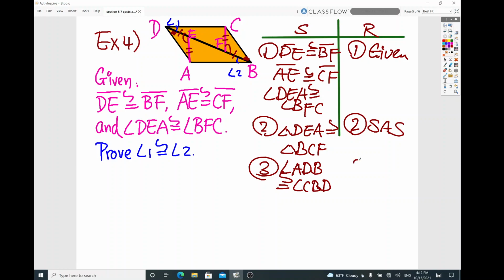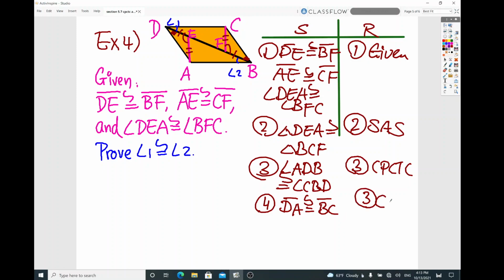And the reason for that, CPCTC. And also by using the same reason, we can figure out that segment DA is congruent to segment BC. And also using the same reason, CPCTC. Okay, so this one.